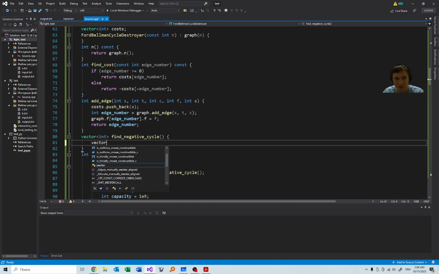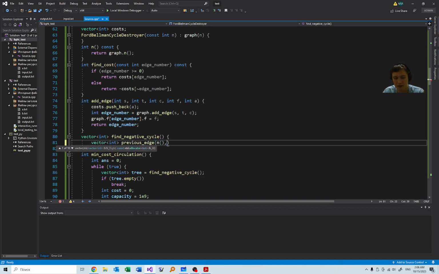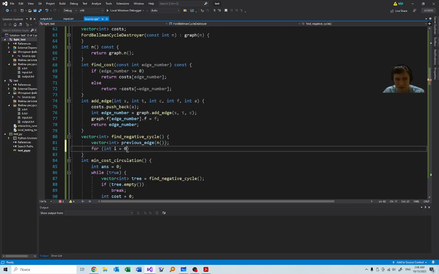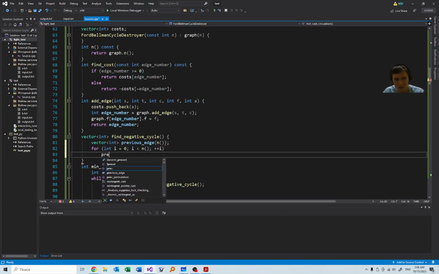So vector int previous edge size L, and in the beginning it just stores minus one, or just like 1e9.